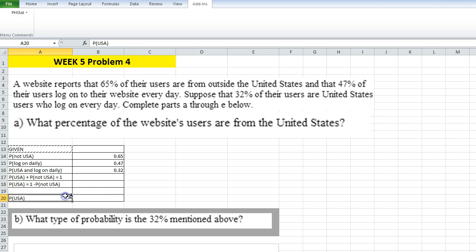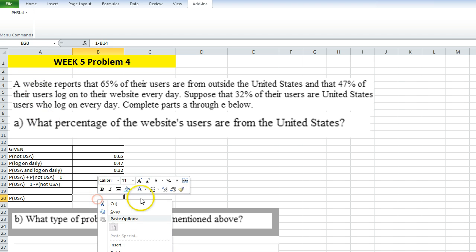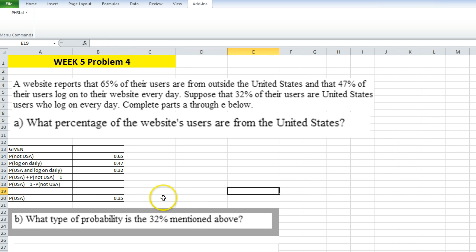Given that, we can just substitute 1 minus the probability that they are not in the US, which is 0.65, and that result shows you the probability that they are in the US, which is 0.35.